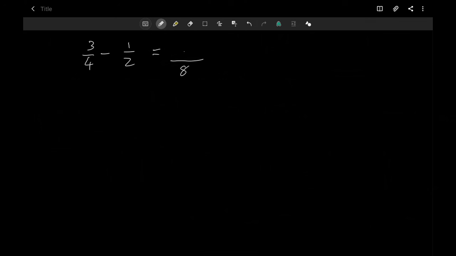We leave the negative sign where it is, and we do some cross multiplication. That is, 2 times 3 is 6, and 4 times 1 is 4. So that would give us 2 over 8.